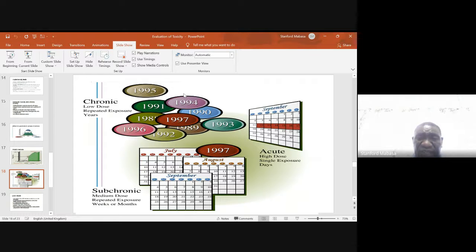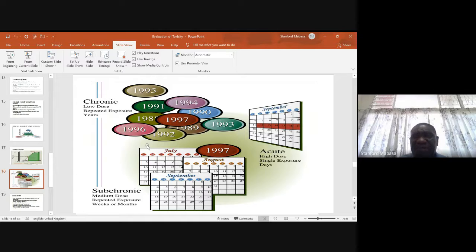I just want to explain about acute toxicity, which we are interested in. This is a high dose in a single exposure. We can get results within days. And this is what gives us LD50s. With a chronic dose, we are looking at the exposure of people to low doses.